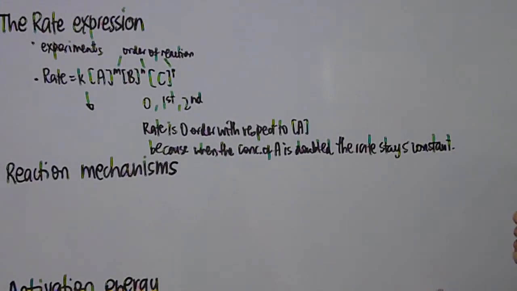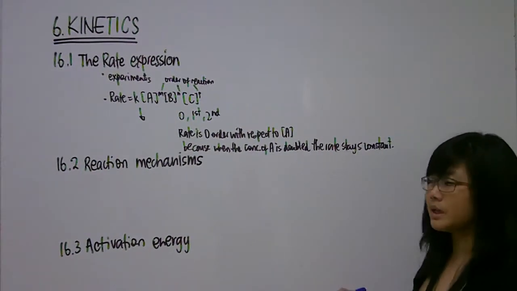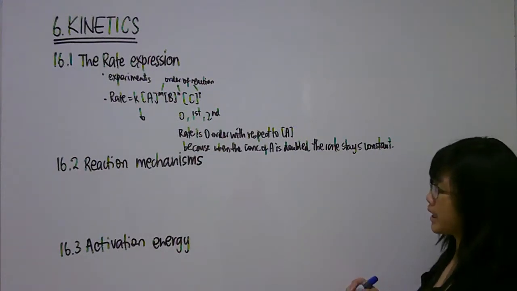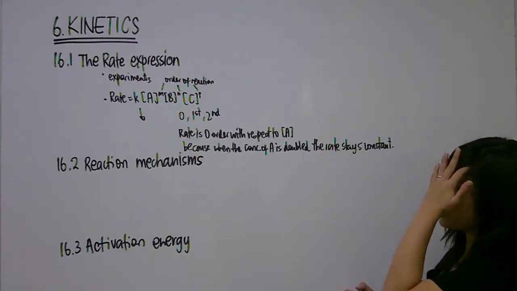Okay, and you can say it's first order with respect to A because when concentration of A is doubled, the rate doubles. Or second order with respect to A because when the concentration of A is doubled, the rate is quadrupled. Okay, so that's basically it.